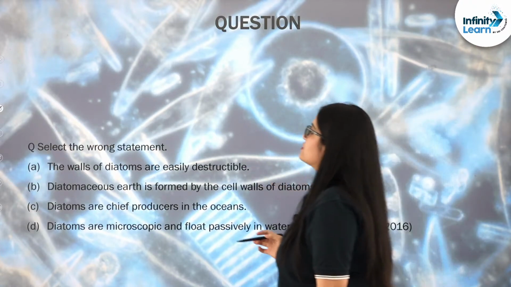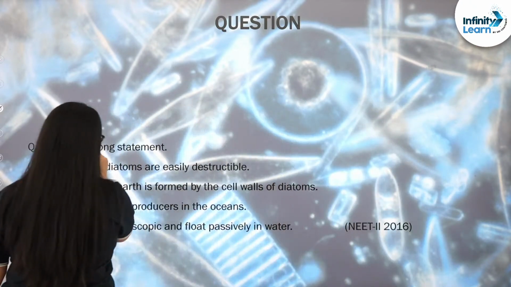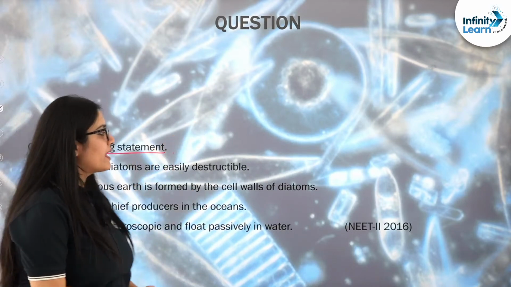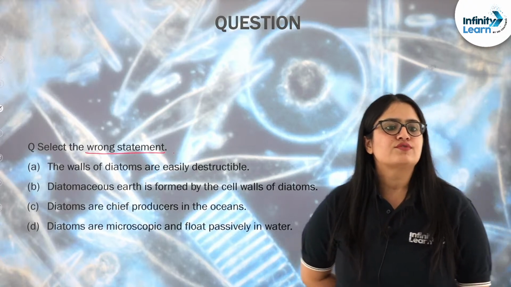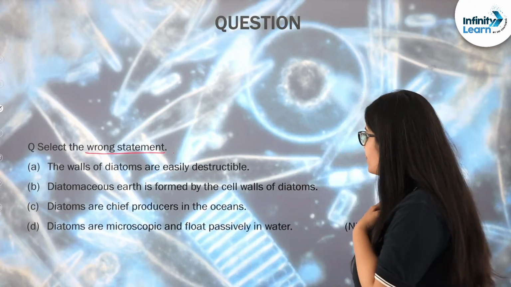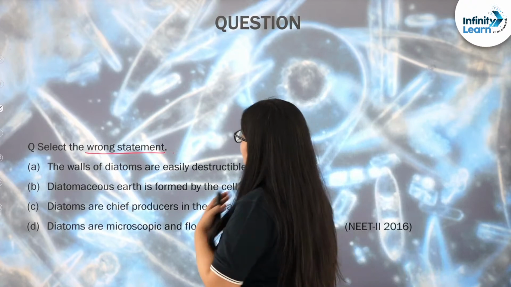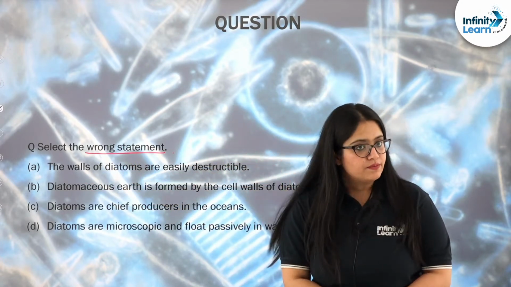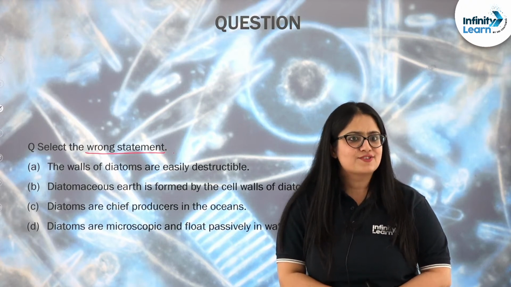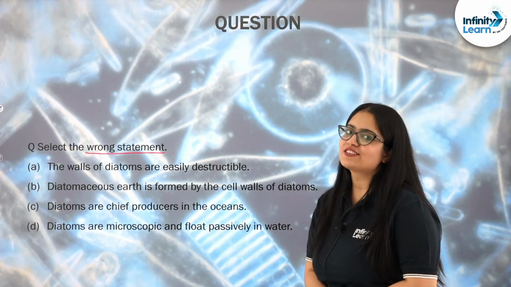Select the wrong statement. See students, which one of the following is wrong? I want everybody to give it a try at least, and if you are unable to see that, let me read out for you. The first statement is, the walls of diatoms are easily destructible. Is it so? Do you think so? No, not at all.